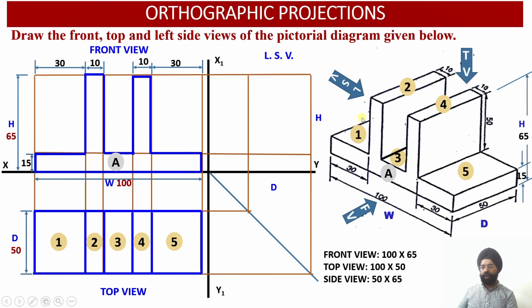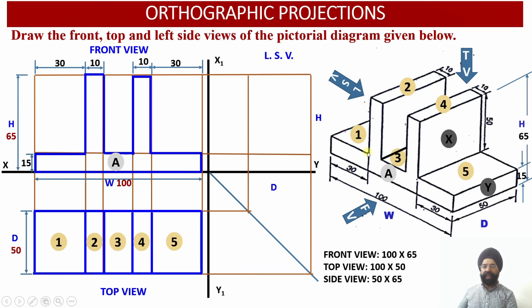Since we cannot mark those surfaces because they are not visible to us in the isometric projection that we have got, I have marked these surfaces as surface X and surface Y. And mind you, these are not these two surfaces, surface X and Y. These are the corresponding surfaces on the other side.